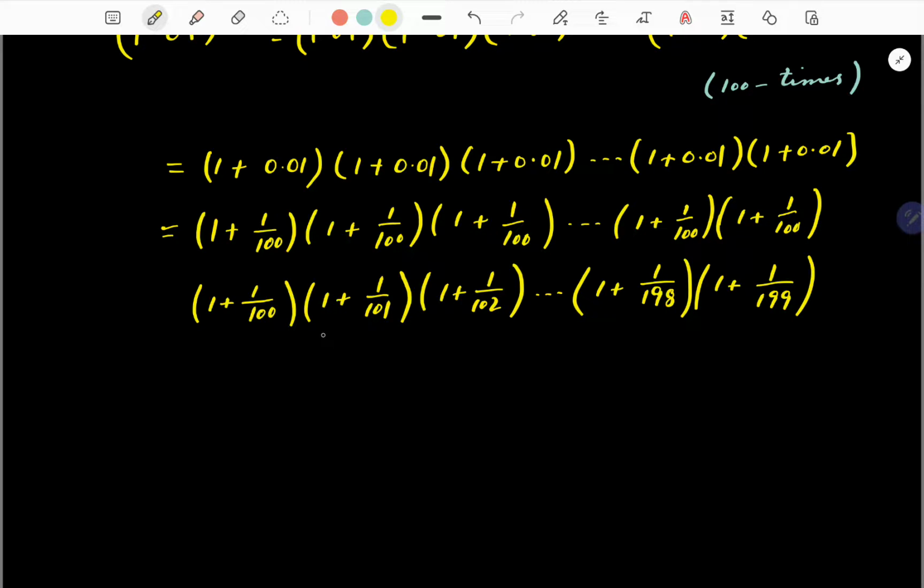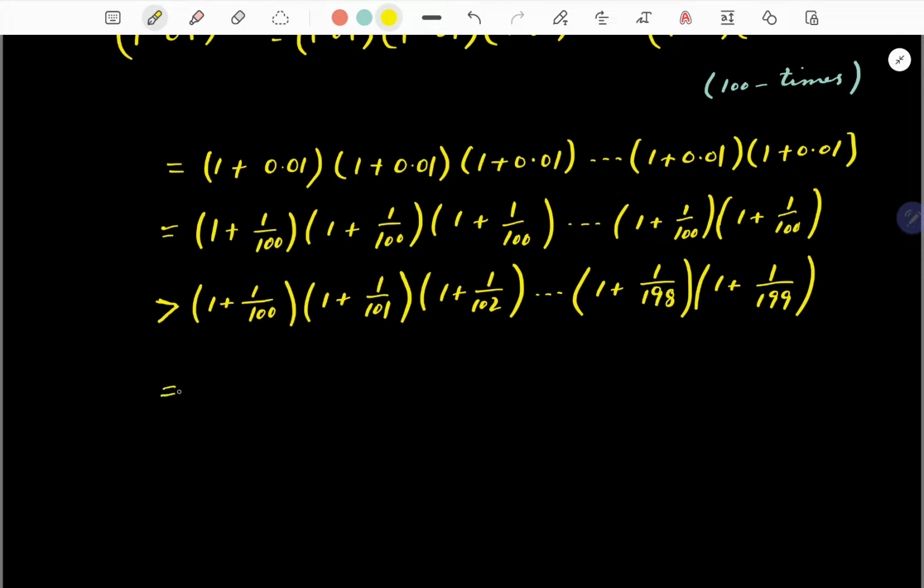It means this factor, 1 plus 1 over 101, is smaller than the previous factor. On the same lines, all the factors except the first are smaller than the corresponding factors in the original product. So we can write that this is smaller than the previous relation.